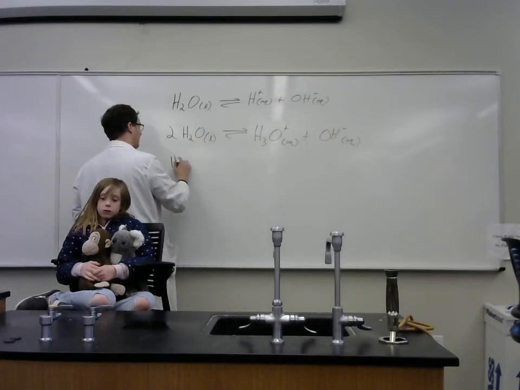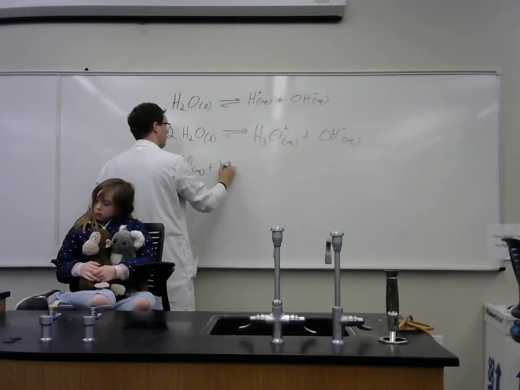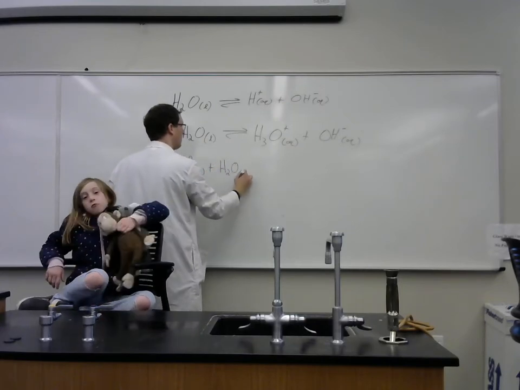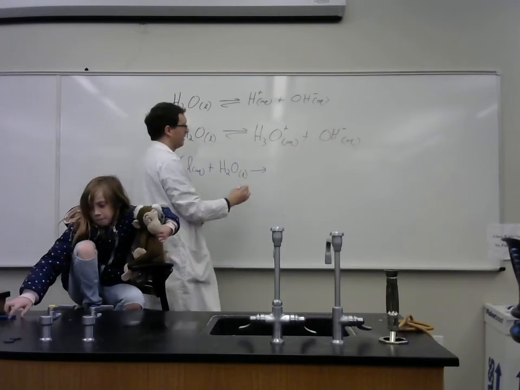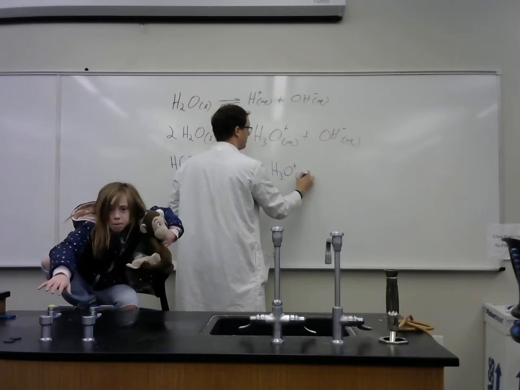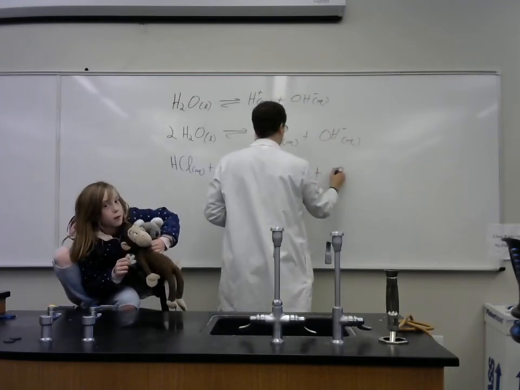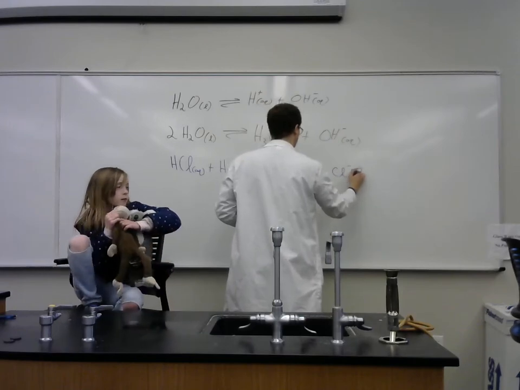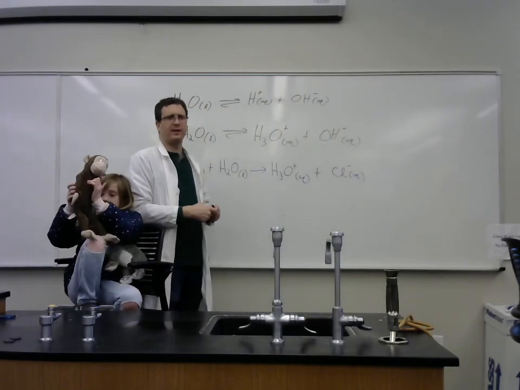HCl aqueous plus H2O liquid. HCl is a strong acid, and it's going to produce that H3O+ aqueous hydronium ion plus Cl- aqueous. So that is an acid with water.